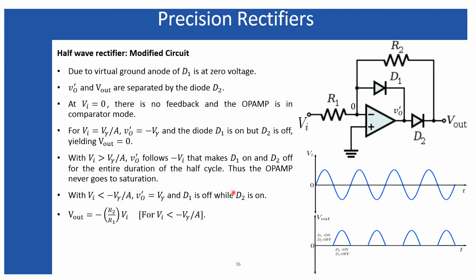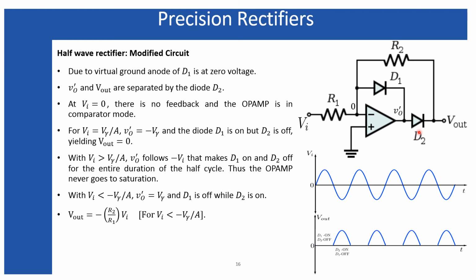For this condition, diode D2 will conduct but diode D1 will be turned off, because the P side of diode D2 has a positive voltage equal to V gamma, the threshold voltage, and on the other hand, the N side of the diode D1 is connected with another positive voltage, which is V gamma. So diode D1 is turned off, diode D2 is turned on.